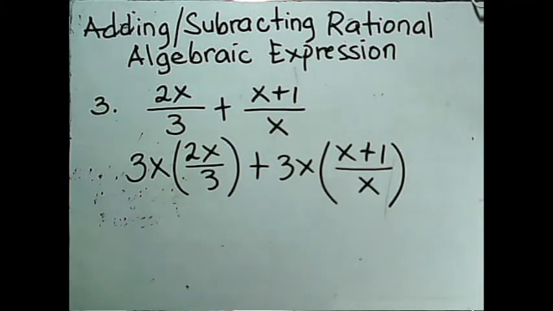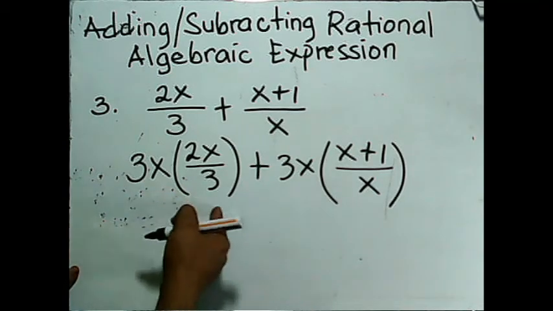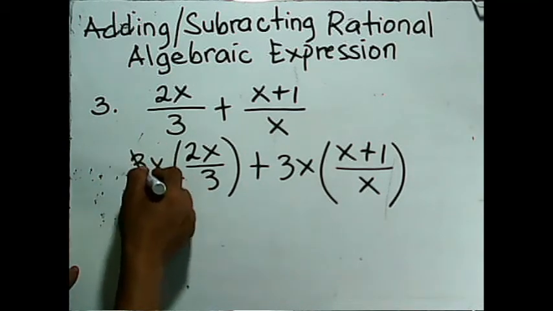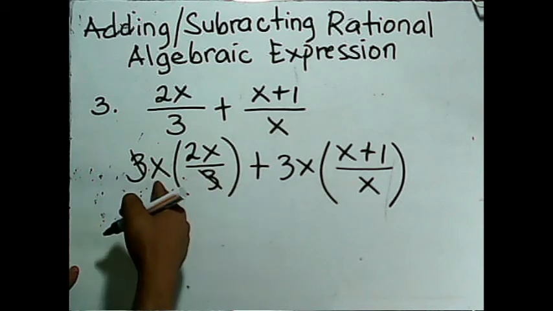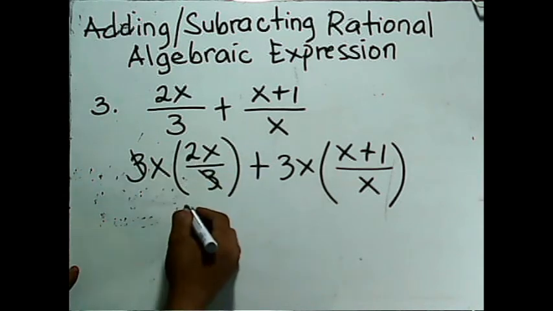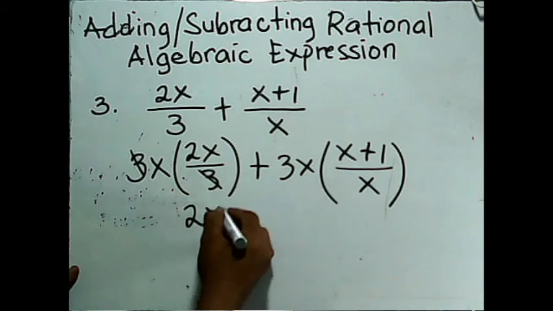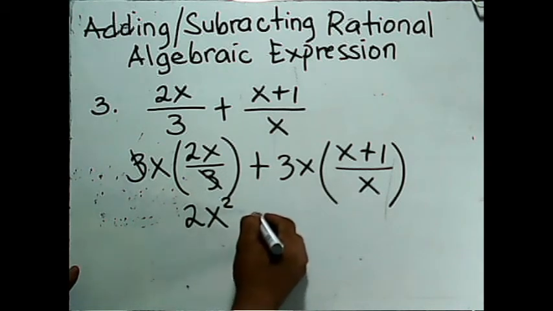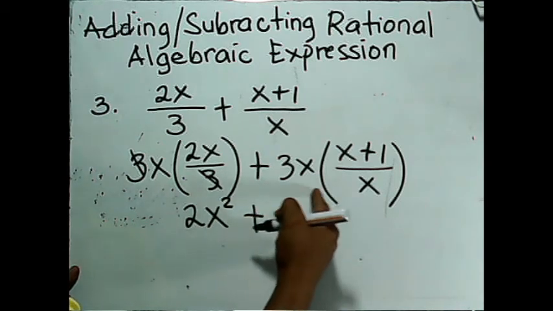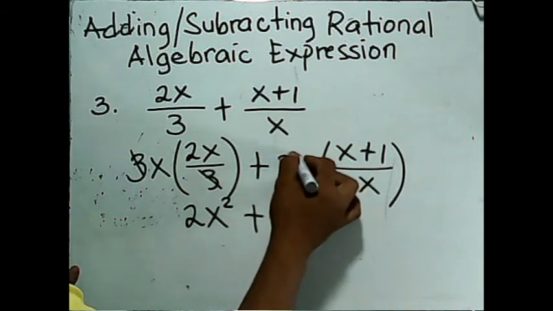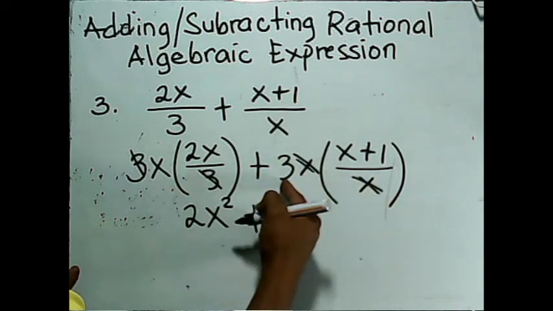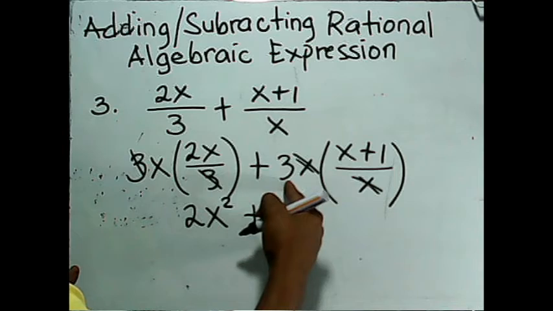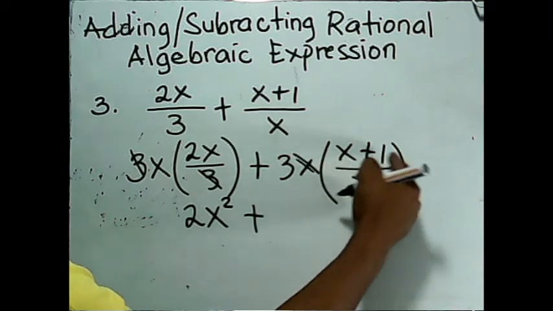Then we multiply. So we can cancel 3 and 3. Cancel out 3 and then multiply x times 2x is 2x squared, and then plus, we can also cancel x here, so it becomes 3 times x plus 1.